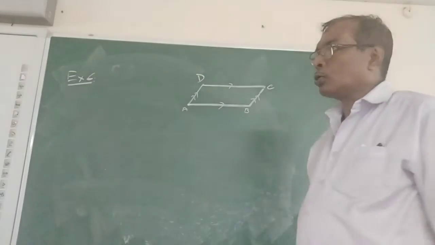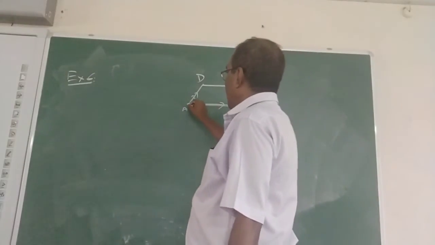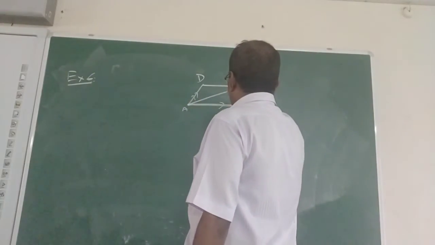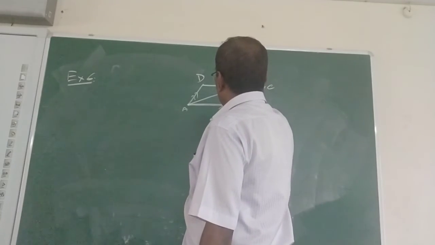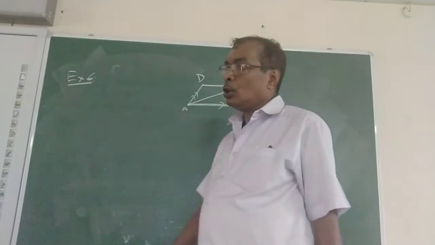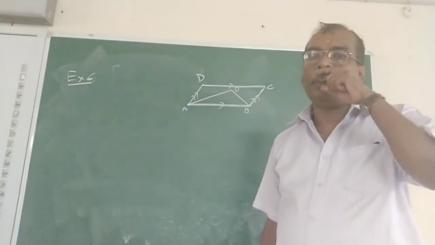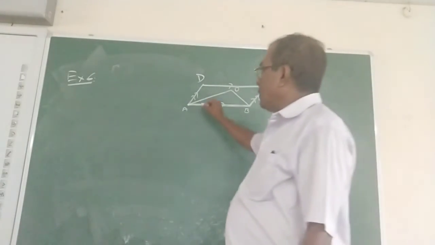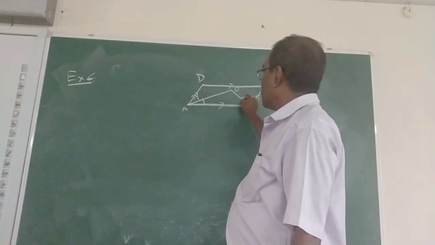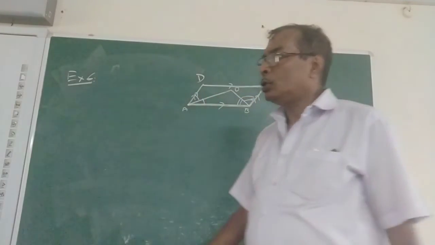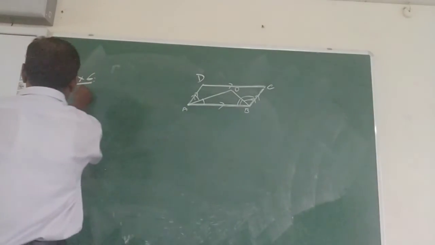Now they are asking you to draw the bisectors of angle A and angle B. They intersect at the point O. You have to show angle AOB is equal to 90 degrees. So rapidly we start.